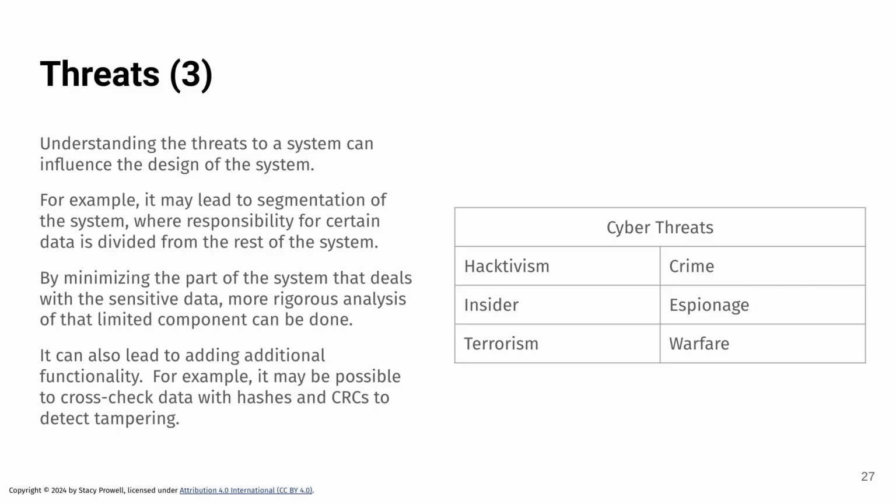So, thinking more about the threats to a system, why would we take the time to enumerate these? Why would we take the time to catastrophize what might go wrong? Well, that's because it changes how we design a system, right?